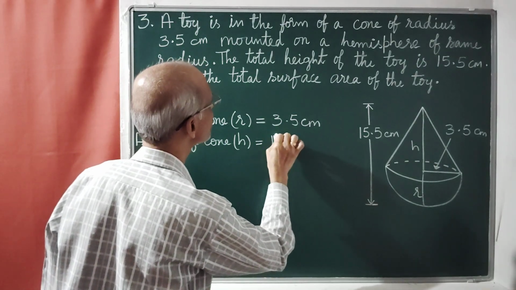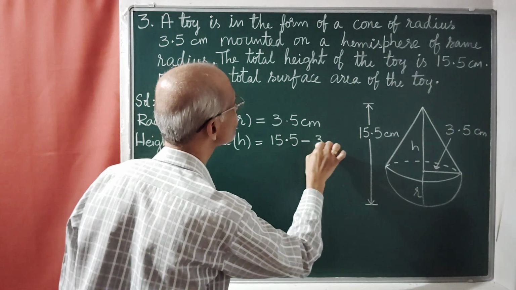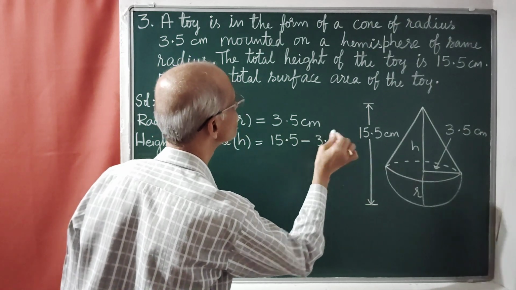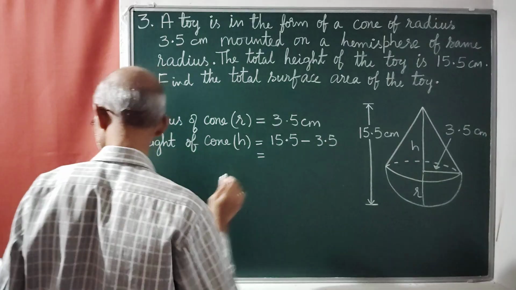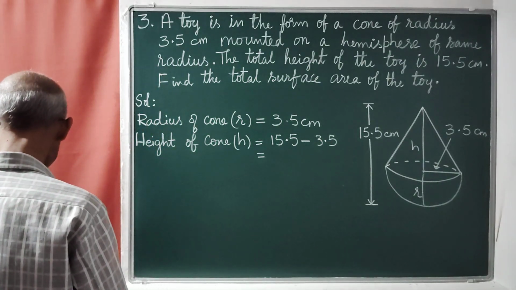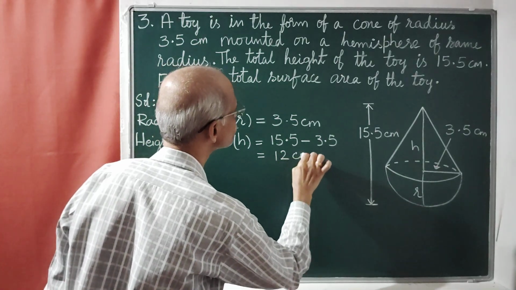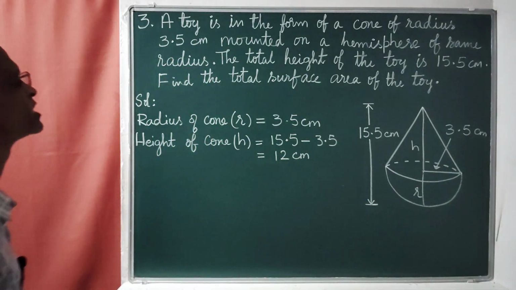So 15.5 minus 3.5. What we will get? 12 centimeters. So the height of the cone is 12 centimeters.